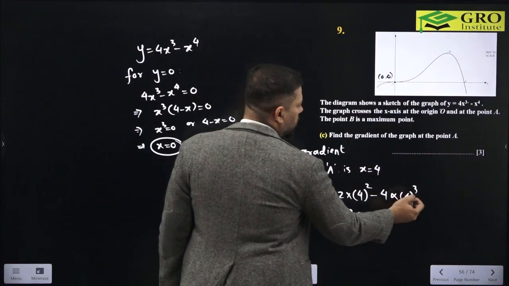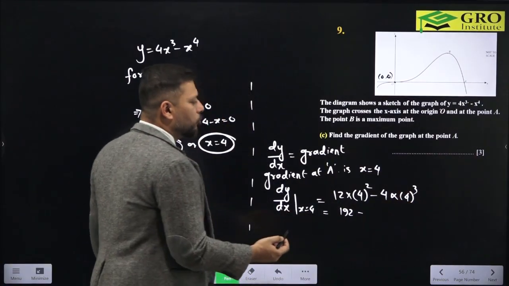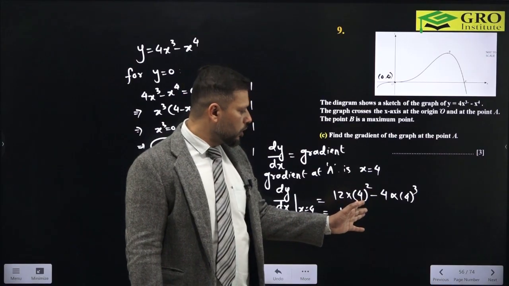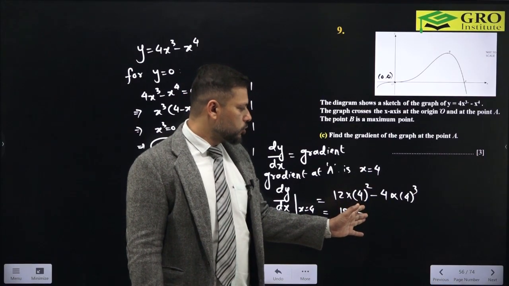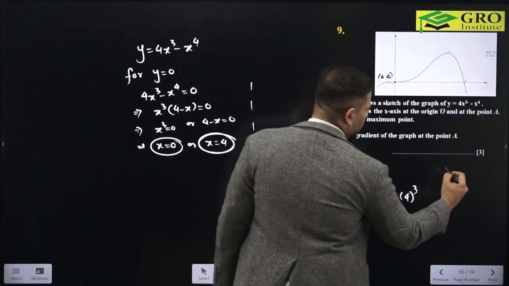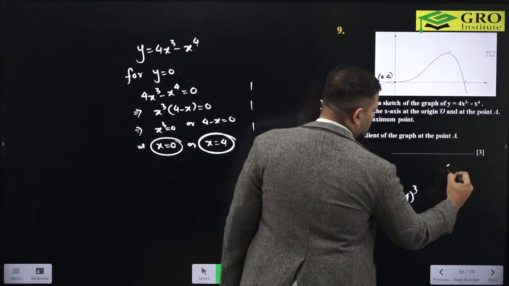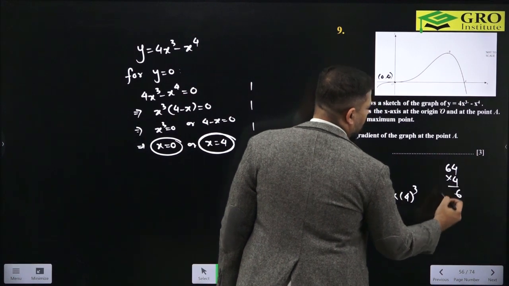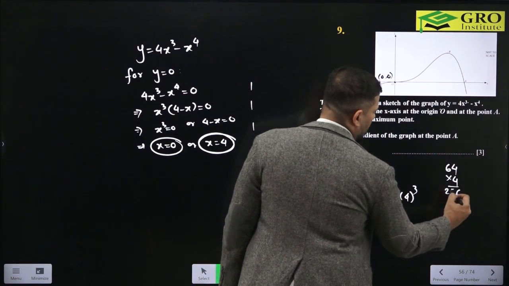Minus 4 cubed, 4 cubed is 64, and 64 times 4 is going to be, let us quickly find it out. 4 times 4 is 16. 4 times 6 is 24, and 1 makes 25.